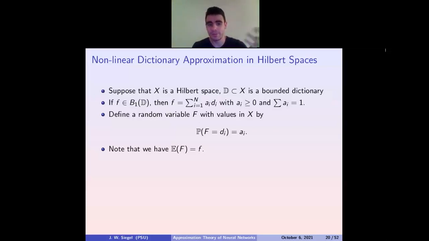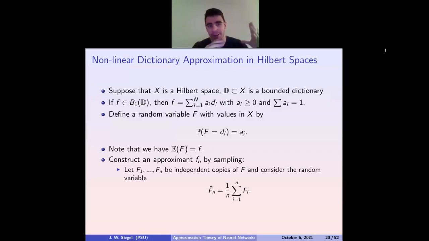So the key idea is, if I want to approximate my function F by a nonlinear dictionary expansion, what I can do is sample from that random variable. So I just say, okay, the target function F is an expectation over this dictionary. I'm going to construct an approximant by sampling n independent copies from this random variable and taking the average.